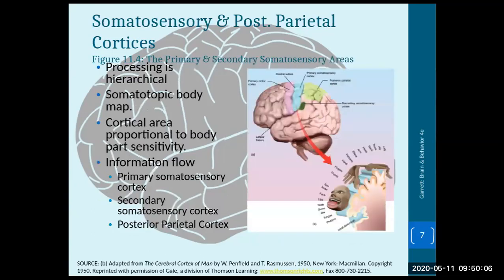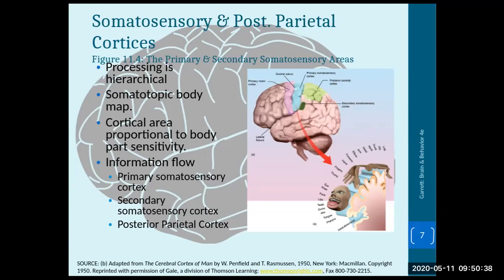So, much like we saw in chapter 9 and chapter 10, here in chapter 11, the processing of these sensory pathways is hierarchical. When I say the somatosensory cortex, what I mean is the primary somatosensory cortex. And then it goes on to secondary motor areas or secondary somatosensory cortex, and eventually coordinated to the prefrontal cortex.